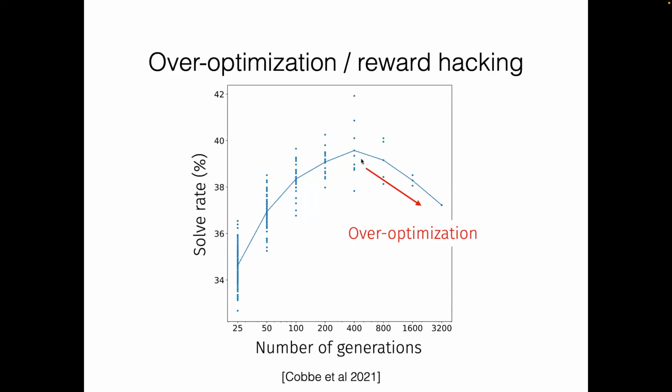So in some sense, the reward model is being over optimized, or hacked. This is a really striking illustration of this. And you will see this sometimes if you have a really large number of samples and your reward model is imperfect.